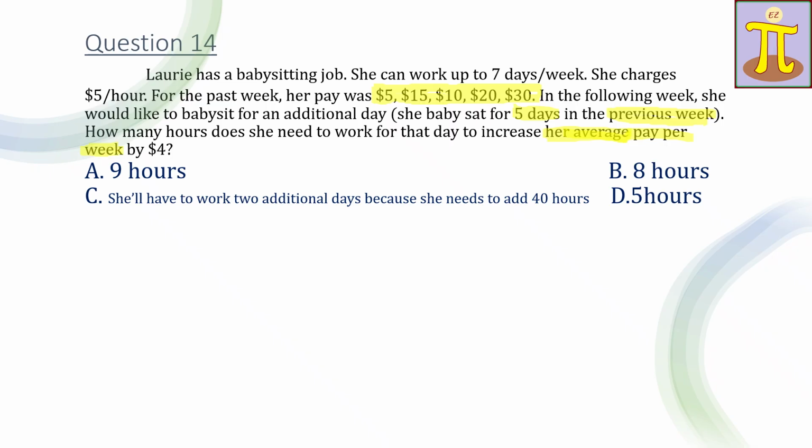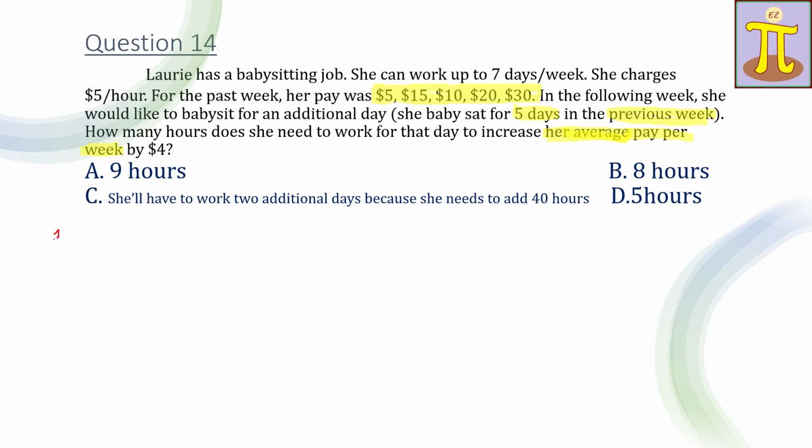So that just means you have to find the average pay per week from the previous week, then you add 4, you will get the payment for this week. So let's do that first.